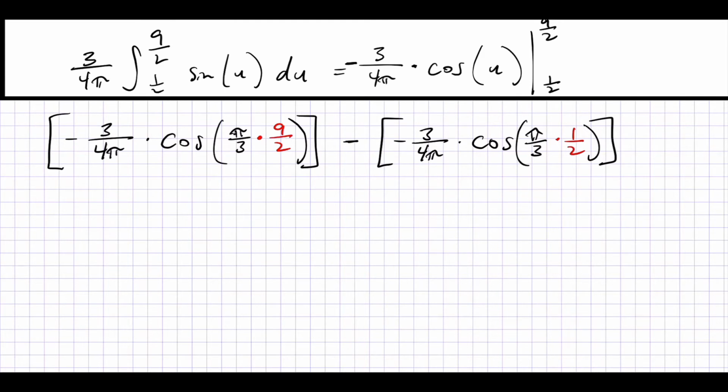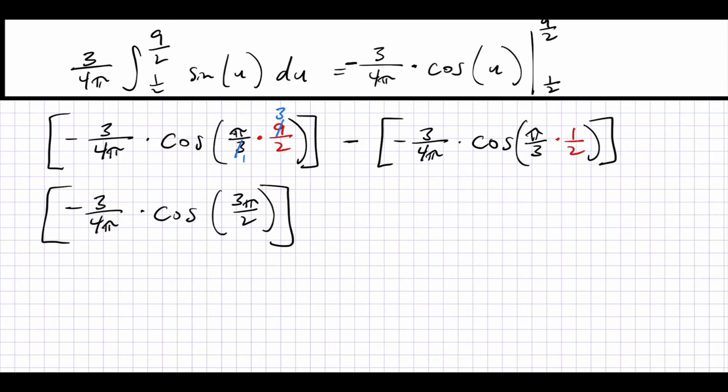So over here, we have negative 3/4 pi times cosine. When I multiply these, this guy will cancel out with that guy, so it's 3 pi over 2. The other one is going to be done the same way.